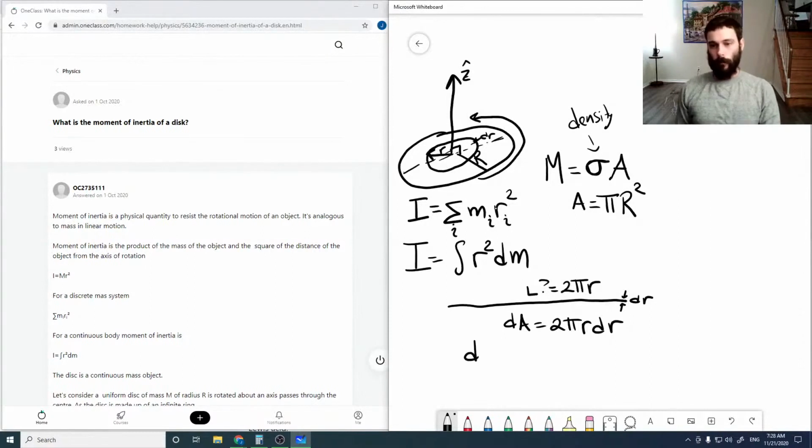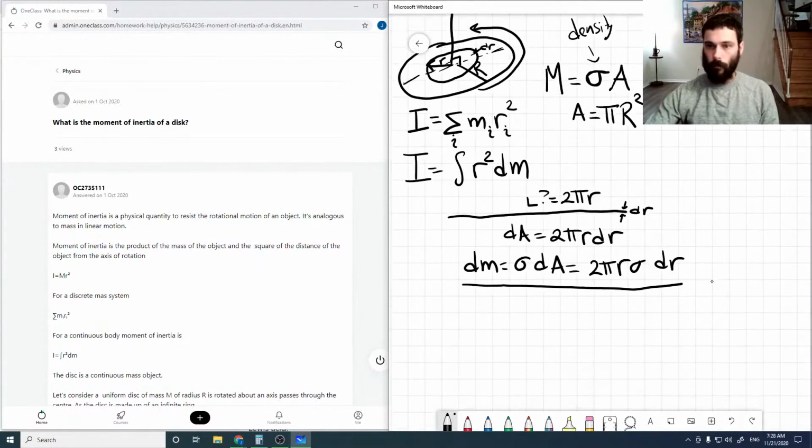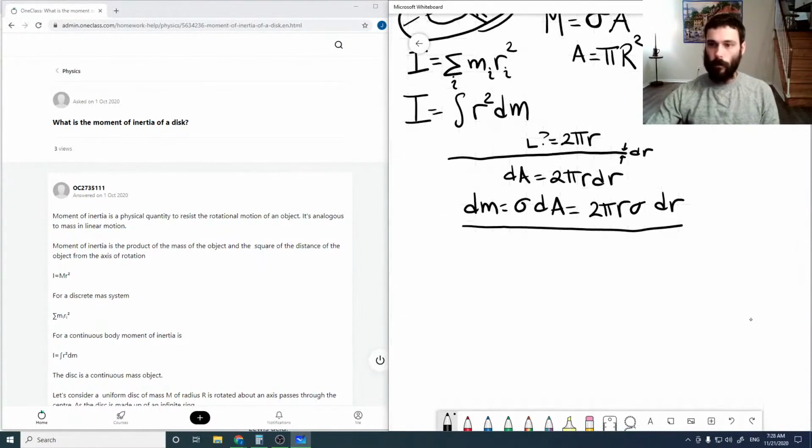So dm is just sigma dA, which is then 2 pi r sigma dr. So there is our mass element that we're going to be integrating over. I'm just going to migrate that up.